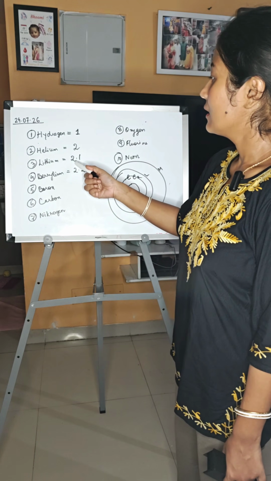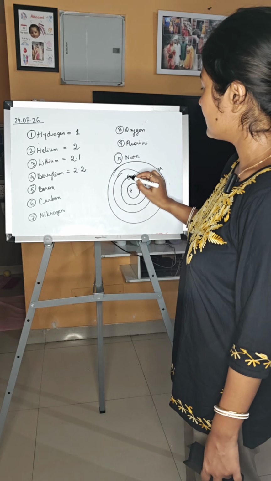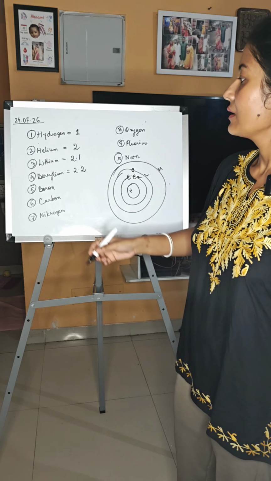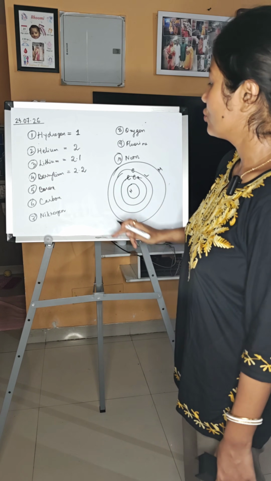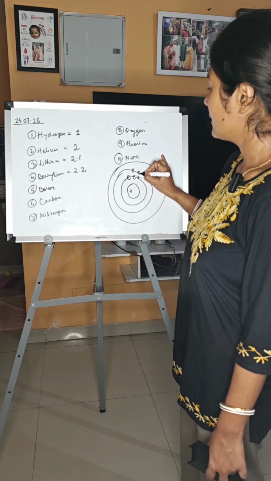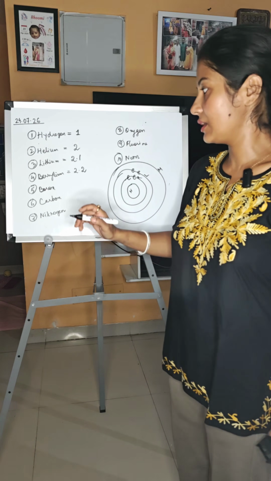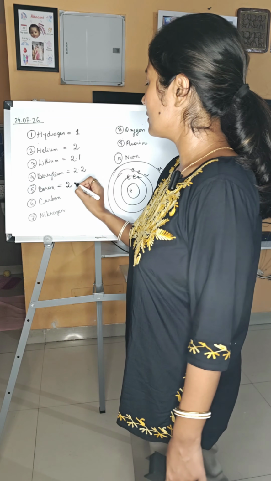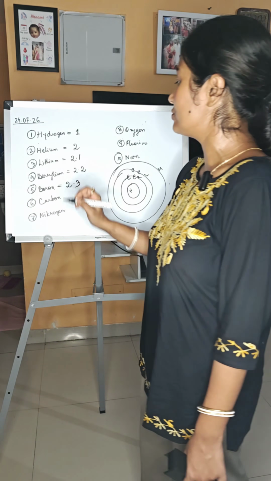For lithium, it is 2.1. So 2 in the K shell and the third electron goes to the L shell. For beryllium, 2.2. 2 electrons in the K shell and the remaining 2 in the next shell, that is the L shell. Now for boron, 5 is the atomic number, so the configuration will be 2.3.